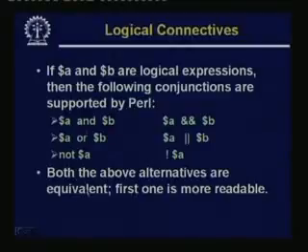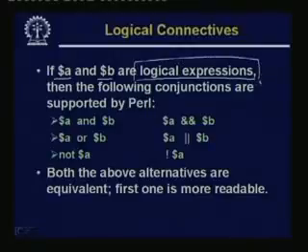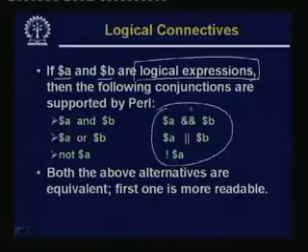There are 3 such. These are defined as follows: if $A and $B are logical expressions, okay, logical expression means they have values of true or false, then the following conjunctions are supported by Perl. Well, there are two styles. These are identical, equivalent. The second style is the C style, where you can use double ampersand for AND, double bar for OR, and exclamation for NOT.